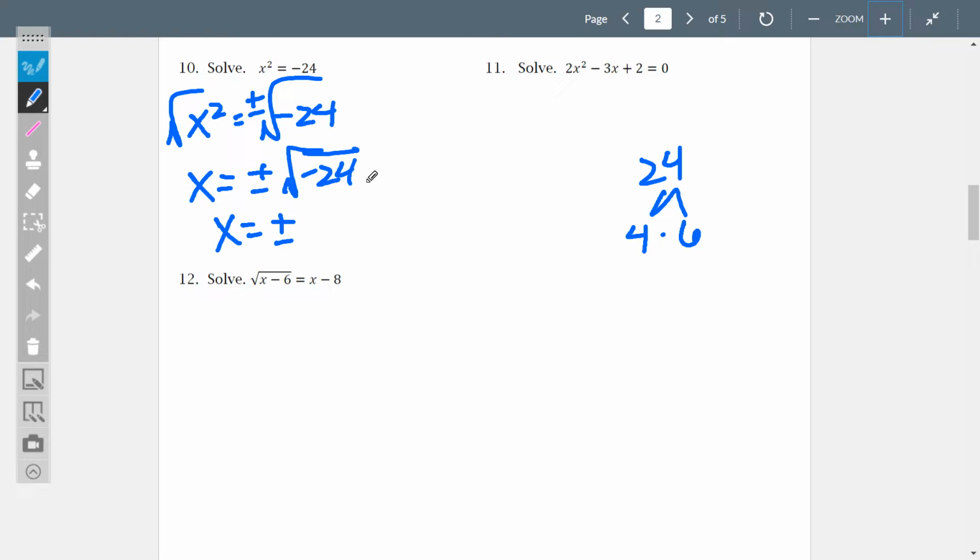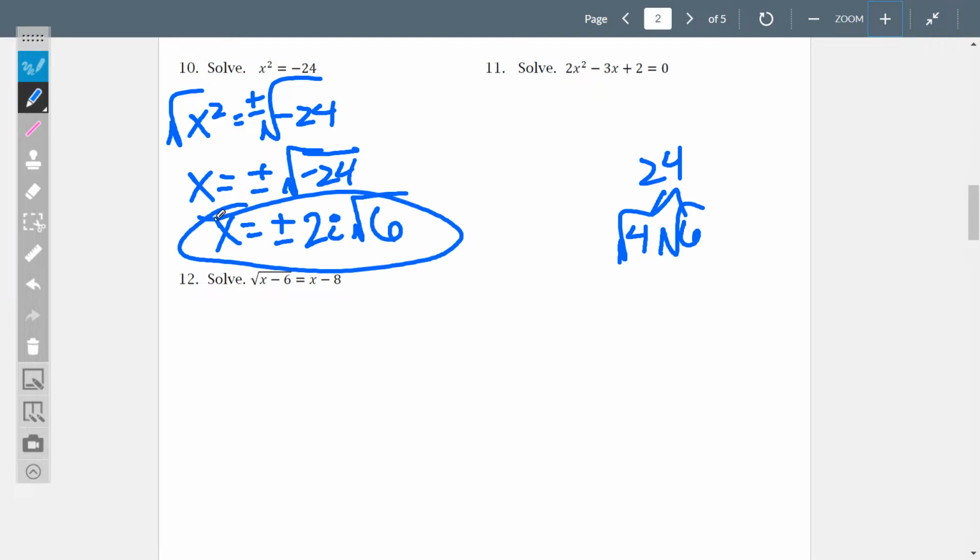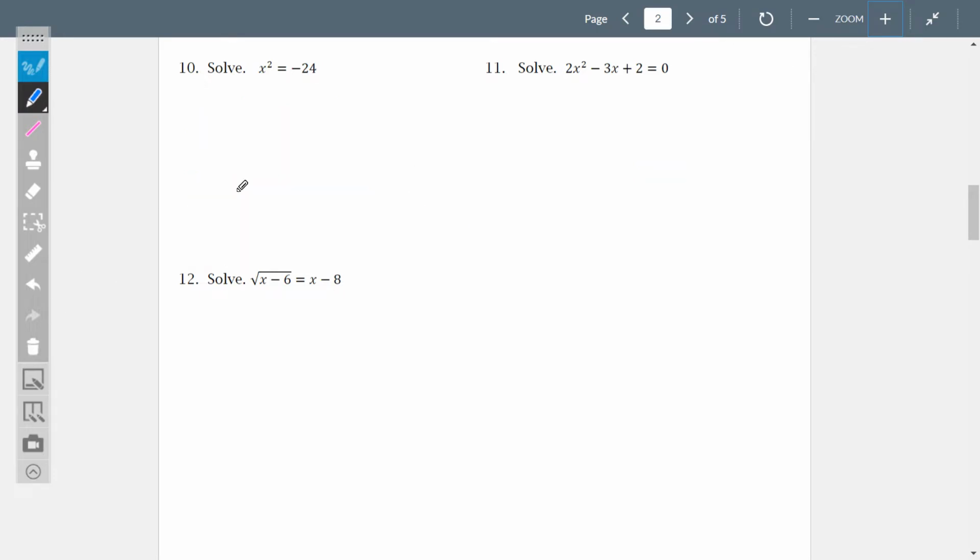However, keep in mind you're taking the square root of a negative number here, so you do need to bring the i out as well. i is the square root of negative 1. So we have the square root of 4 and the square root of 6. Square root of 4 is 2. And then since it's negative, we need to take the i out. And then we still have the square root of 6 underneath the radical. So plus or minus 2i square root 6 is our answer for number 10.